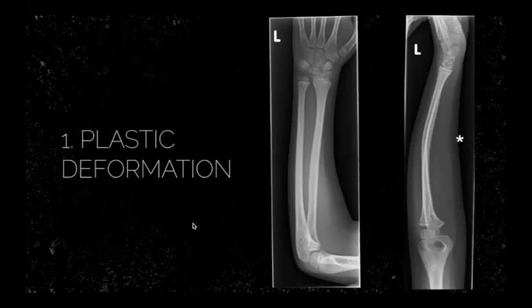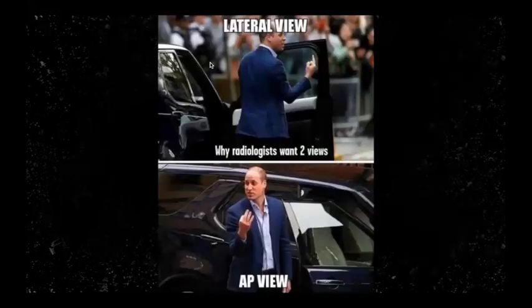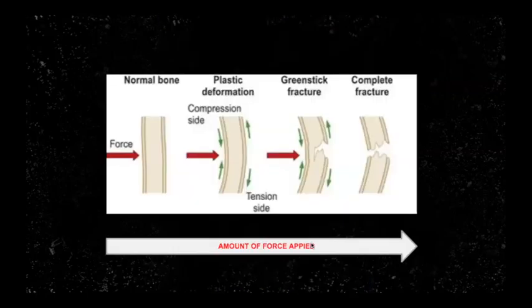So this is basically a plastic deformation. This is a good case to show the importance of AP and lateral views. So this is why radiologists want two views, right? One view is quite misleading, so we need another view to confirm the findings, right?